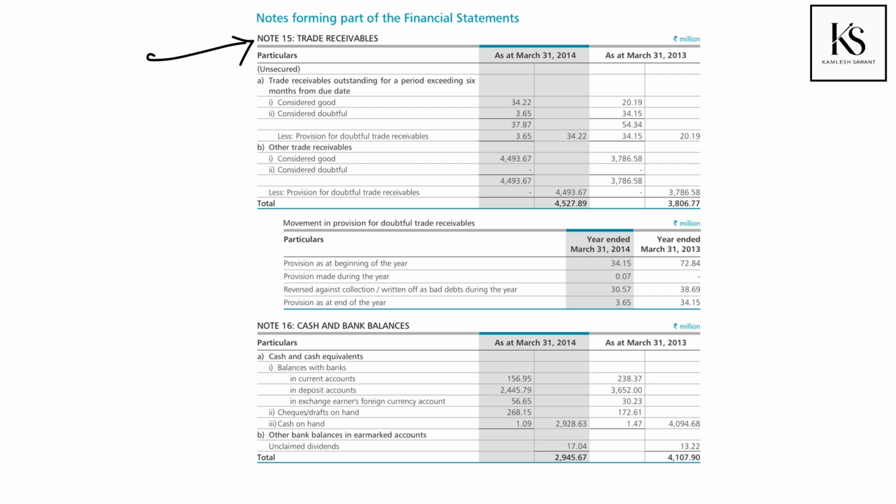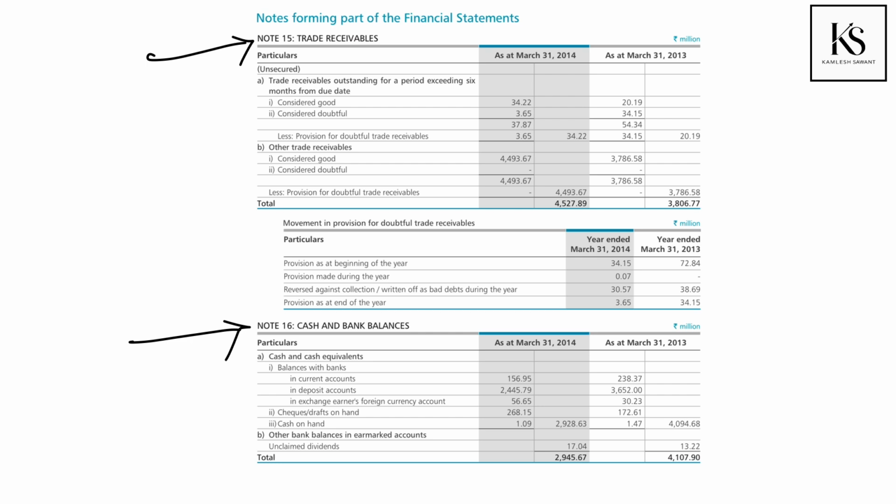The next line item is cash and cash equivalents, which are considered the most liquid assets found in the balance sheet of any company. Cash comprises of cash on hand and cash on demand. Cash equivalents are short-term, highly liquid investments which has maturity date of less than 3 months from its acquisition date.